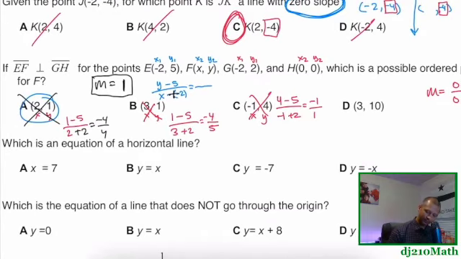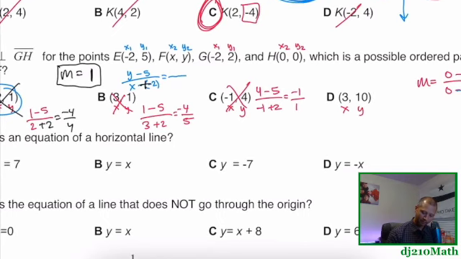Hopefully this last one works out, otherwise I did something wrong. So we got X and Y. So Y minus 5. So 10 minus 5 over X plus 2. 3 plus 2. So 10 minus 5 is 5. 3 plus 2 is 5.